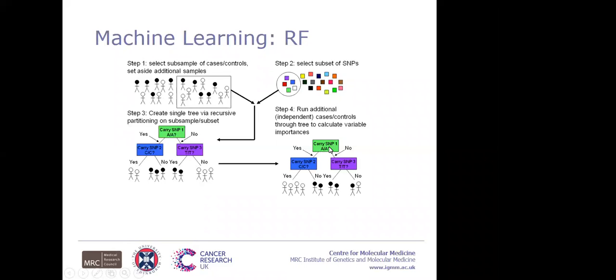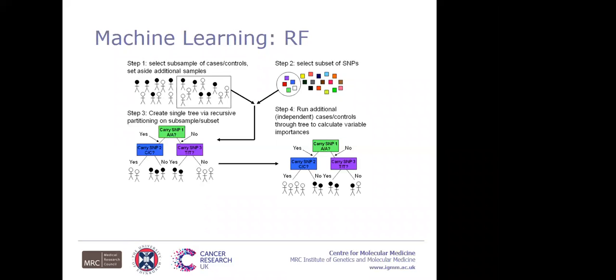The point here is to break any association between SNP1 and case status. So I'm going to take the quantity that I calculated using this split with the observed data minus the quantity that I calculated using the permuted data, and I'm going to call that a measure of variable importance for that SNP in that tree.